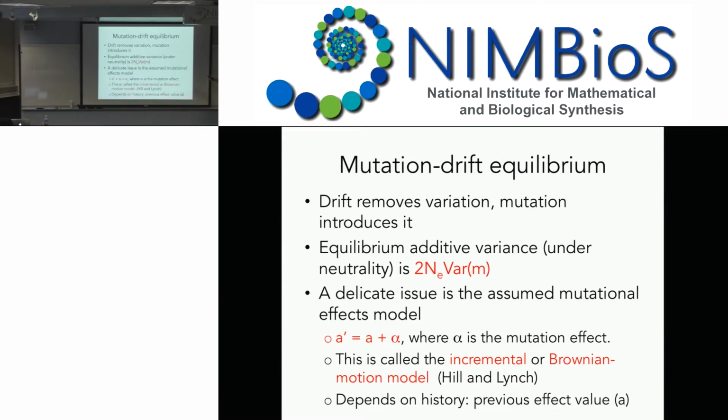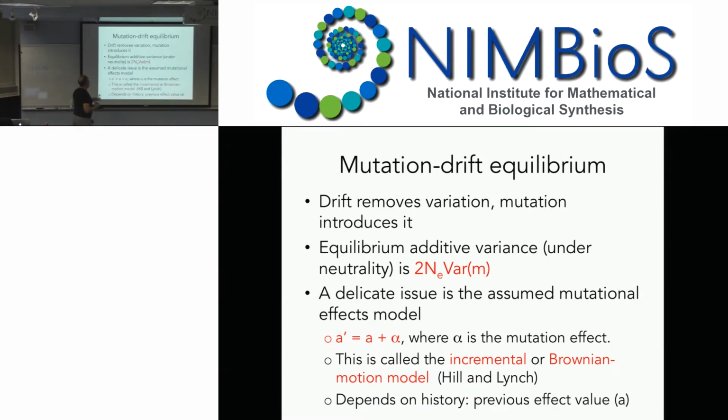So drift-mutation equilibrium, the simple model called the incremental model, which we'll talk about in a second, gives this equilibrium value: twice the effective population size times the mutational variance. But a really tricky issue is this. The rate at which mutation occurs is important, but not as important as, if this is an allele and it mutates to this allele, what is the model for that?